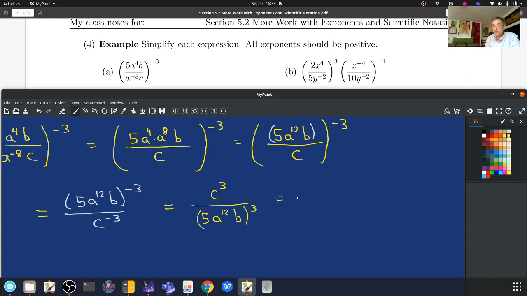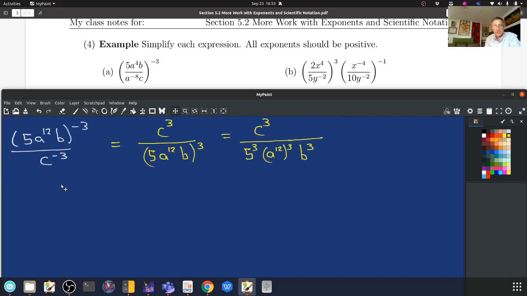All I have to do is simplify using the power of a product rule. So this is a product. Here's one factor, a to the 12th is another, b is another. So this is 5 to the 3rd. A to the 12th itself is raised to a 3rd, and b is raised to the 3rd.